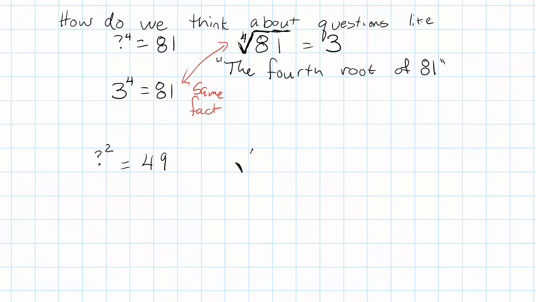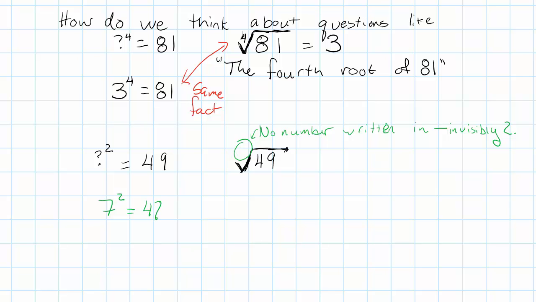In that case, we just write the squiggle without a number. If we don't see a number written in, then invisibly it's a 2. Now, 7 to the 2nd power happens to be 49. And so we read this as the square root of 49 is 7.